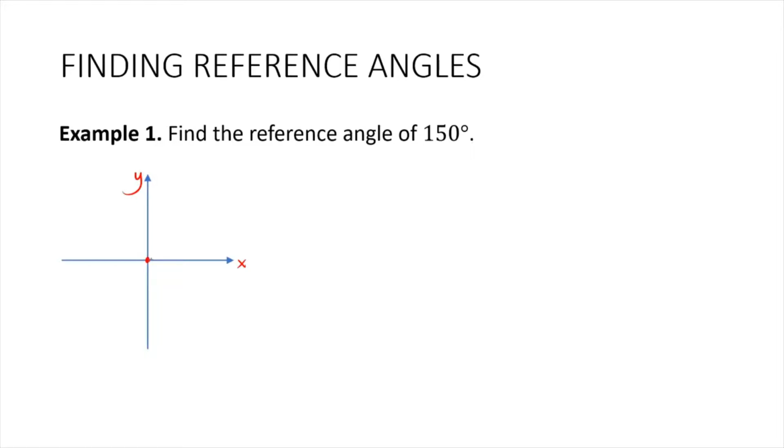So we have here an angle in standard position. This is the initial side. The terminal side of 150 degrees is roughly located here in the second quadrant. So let's say this is angle theta, which is equal to 150 degrees. The reference angle in this case is the acute angle between the terminal side of angle theta and the negative x-axis.